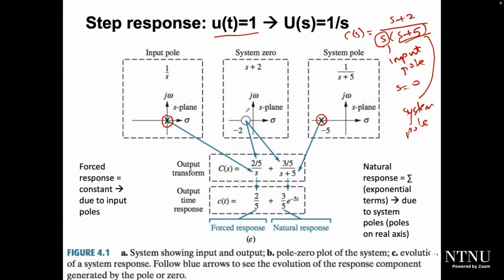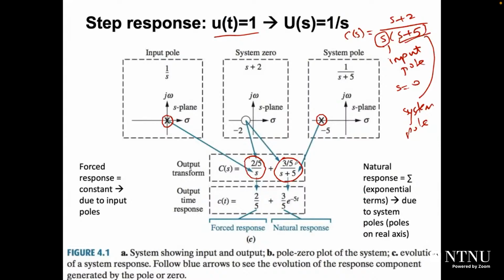When you look into the output response in S domain, C(s), after applying partial fraction expansion, will be 2 divided by 5 divided by S plus 3 divided by 5 divided by S plus 5. So in fact, we have two components. One component is generated by the input pole, and this component is generated by the system pole.